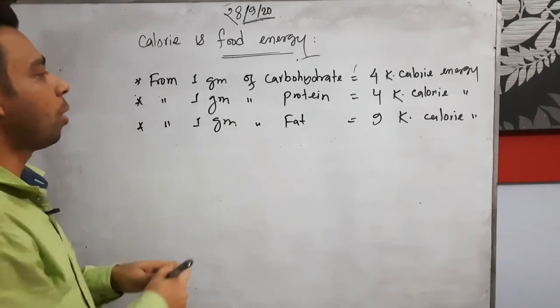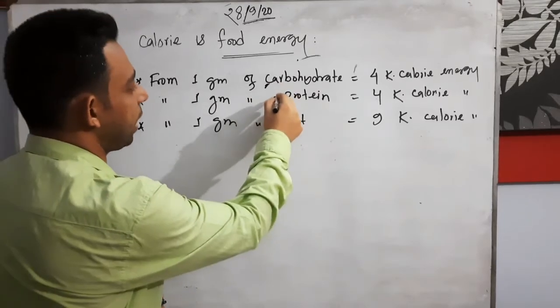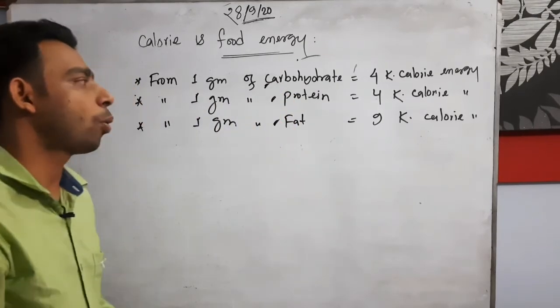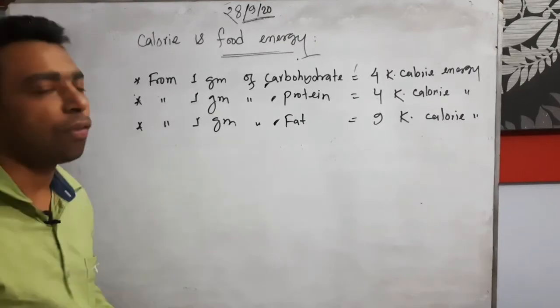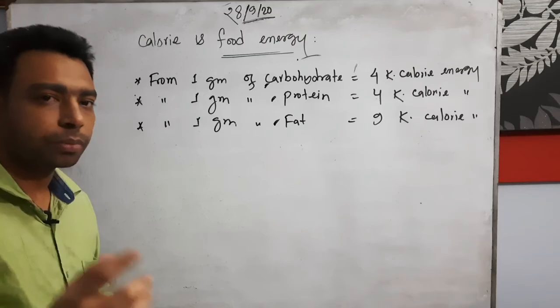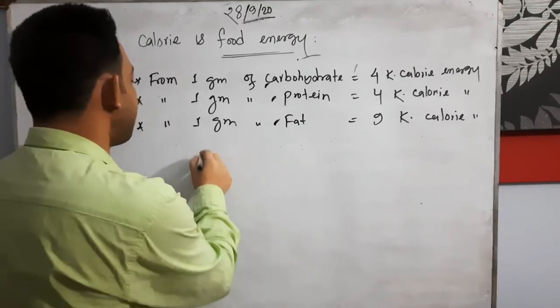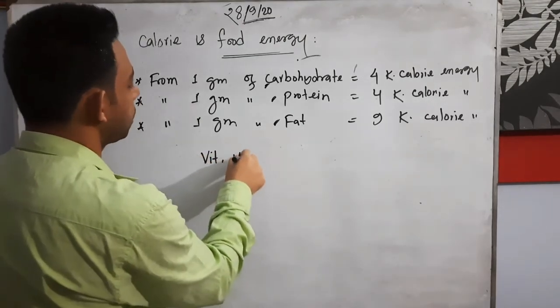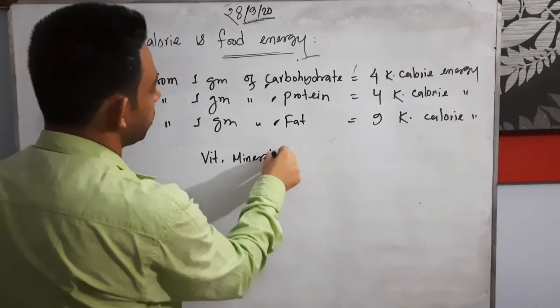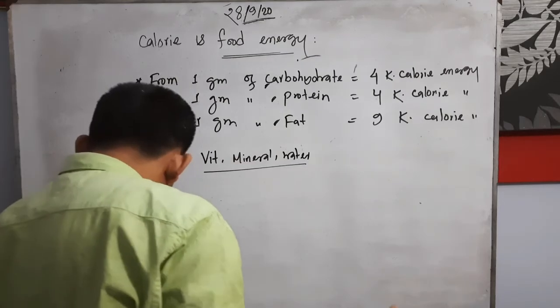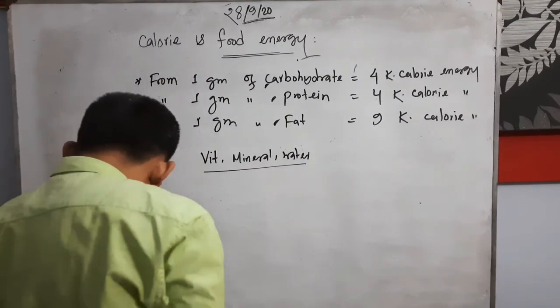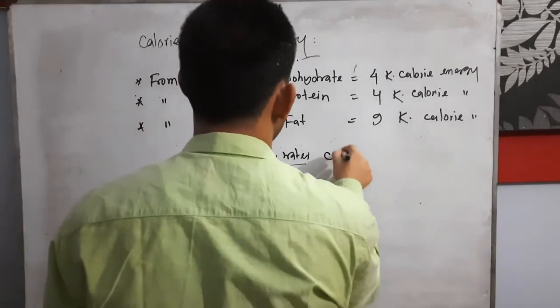Other food stuff, like other kinds of vitamins, minerals and water, their calorie is considered as calorie value 0.